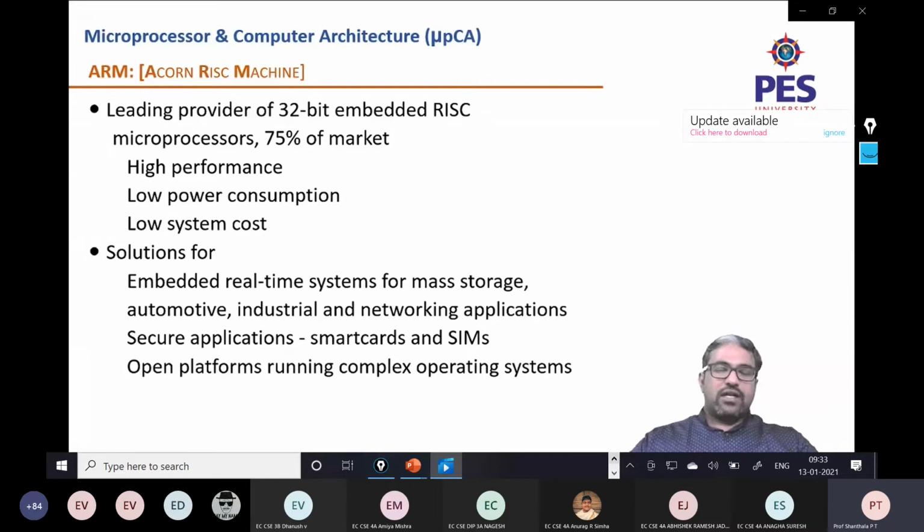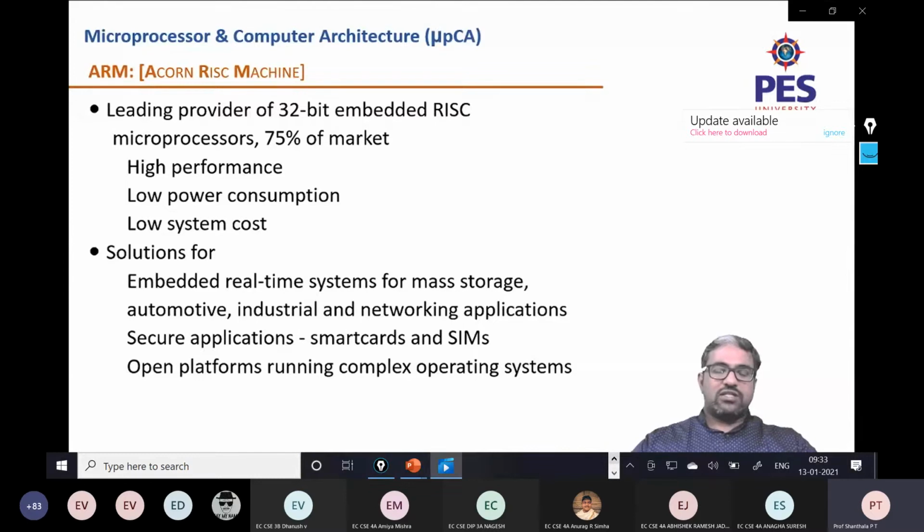Coming to the technical specifications, it's a 32-bit embedded processor which nowadays occupies 75% of the market. Basically, they are high performance processors which consume less power. More importantly, they cost less.